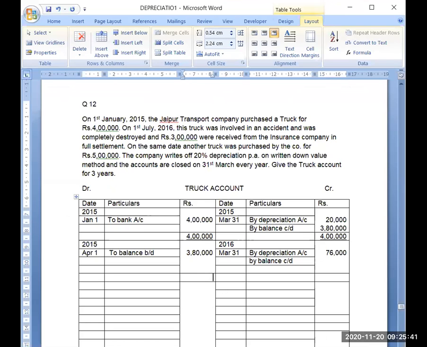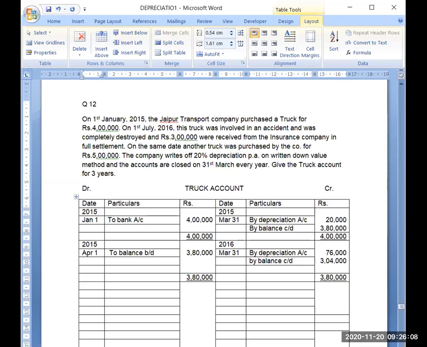The total will be 3,80,000. 3,80,000 minus 76,000, so the balance will be now 3,04,000. So we have completed 2 years, 2014-15 and 2015-16.